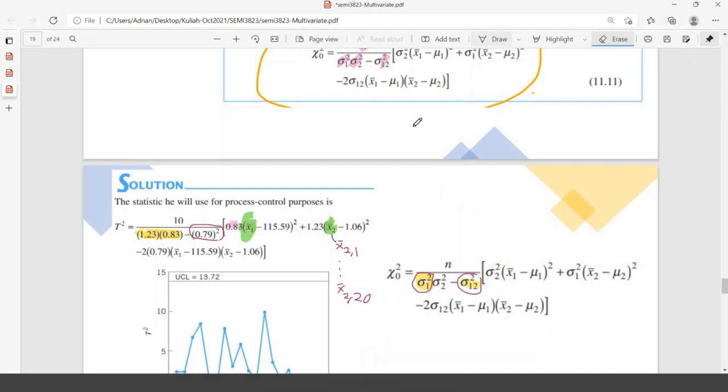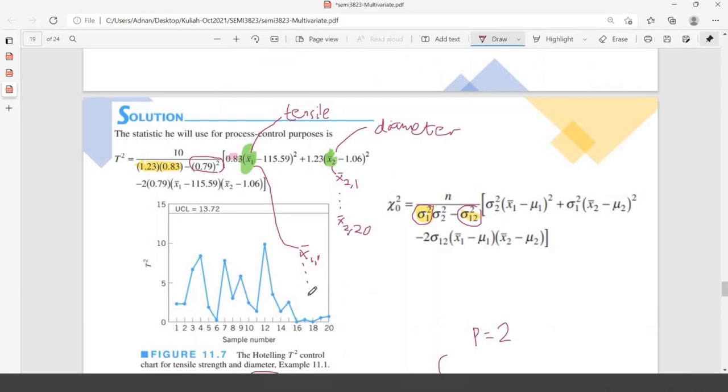So what it shows here, this is for diameter, the average for diameter. This one is tensile. Okay, so this value also will keep changing from x bar 1 until you have x bar 20. And 20.